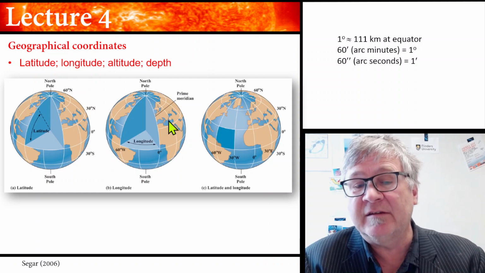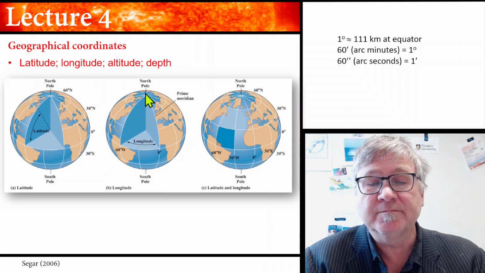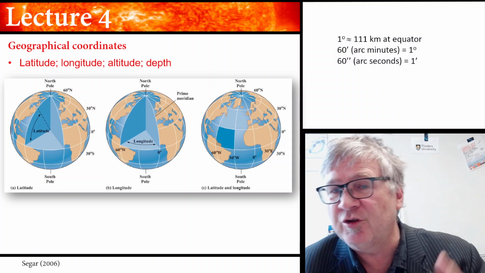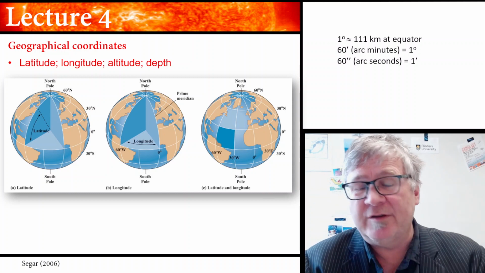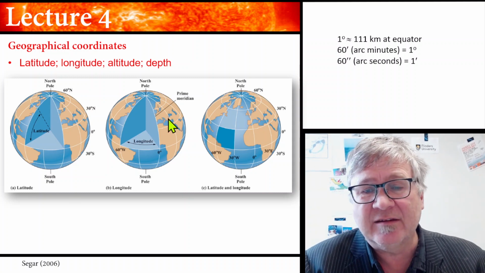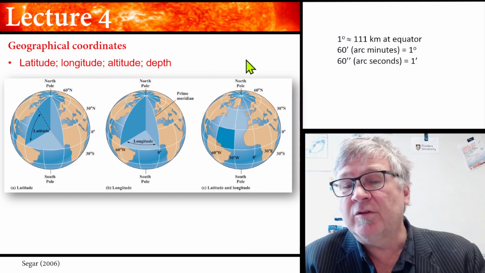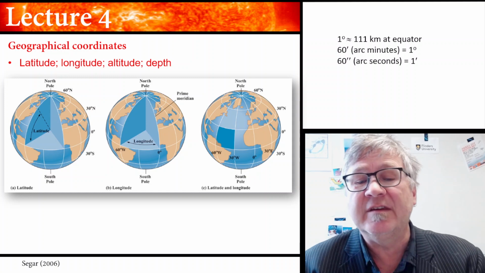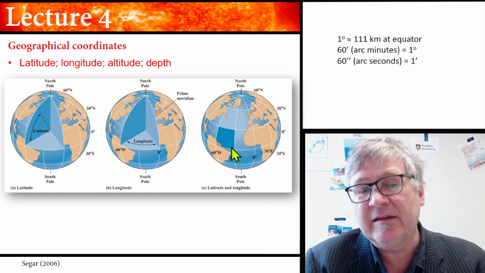Okay, you can see that the distance becomes smaller. Again, that plays a role that's important to know if you want to interpret maps which show longitudes and latitudes. Okay, altogether you can now specify any location on Earth using geographical longitudes and latitudes.